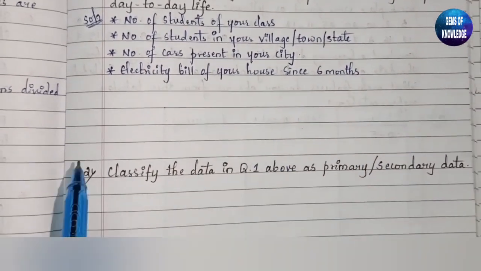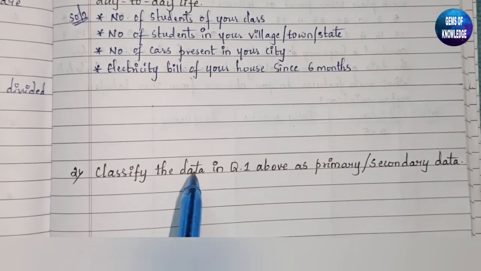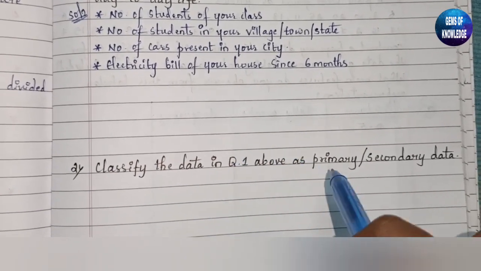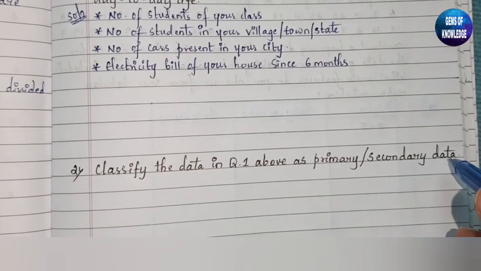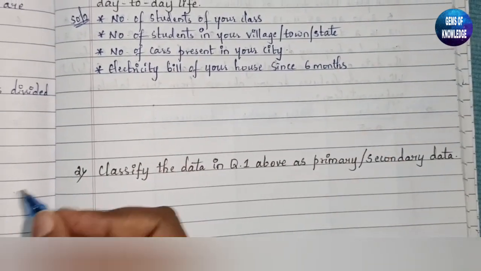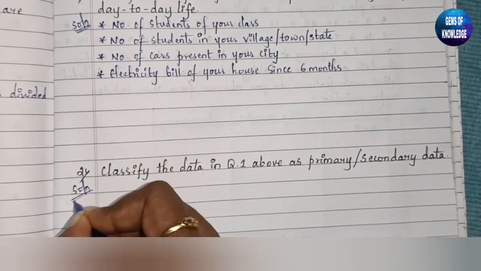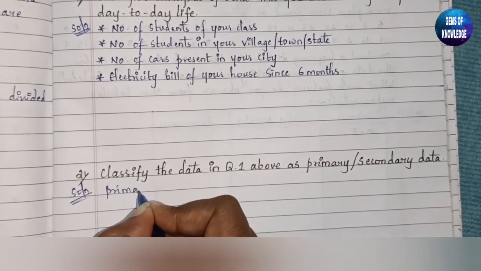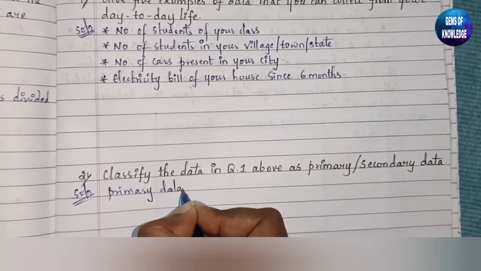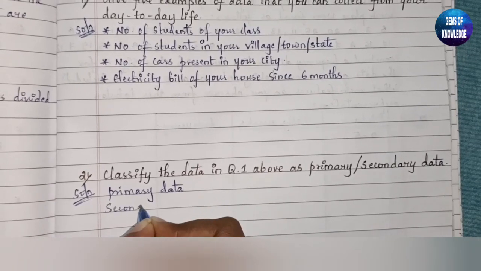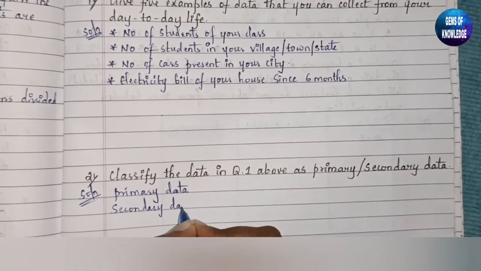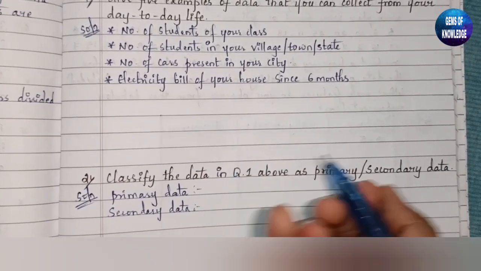Now in the second question you can see, classify the data in question number 1 above as primary or secondary data. So here we will note it down: the primary data and the secondary data. You know what is primary data and what is secondary data. Primary data is what you can collect by yourself without any help.